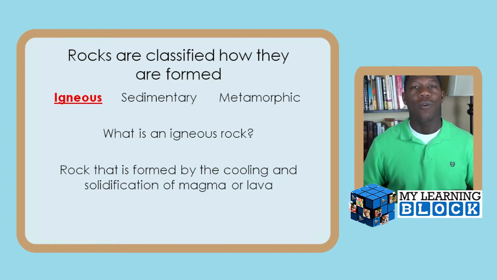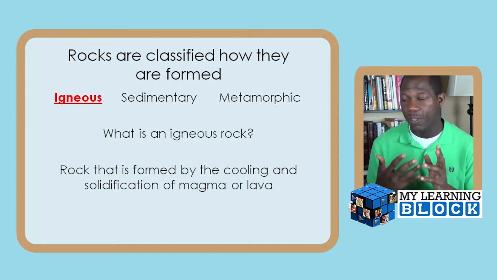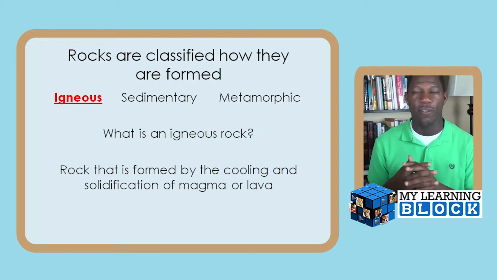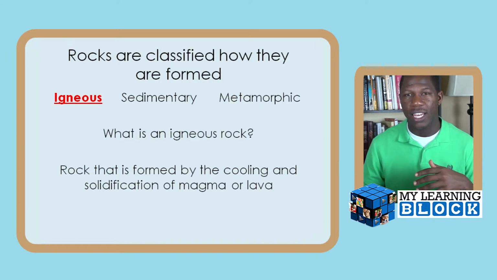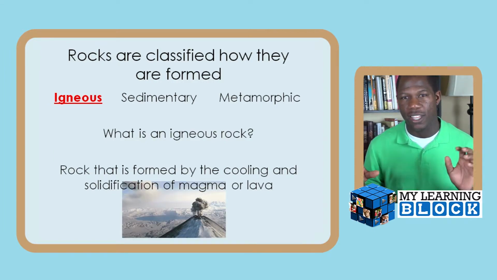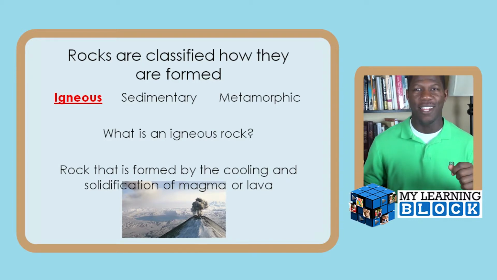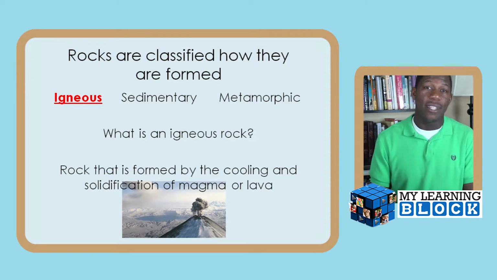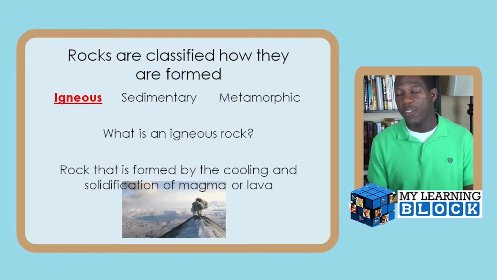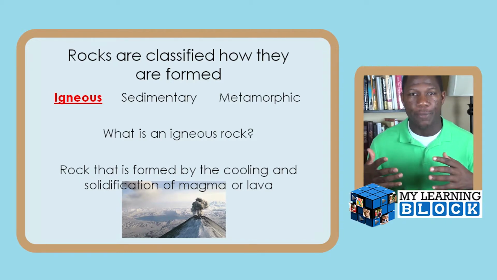All right, so the igneous rocks are formed by the cooling and solidification of magma or lava. Yes, magma and lava are the things that come from volcanoes. Pimples of the earth, that's what I love to call them. I know that's pretty nasty, but it works. They're formed by the remains of lava and magma.